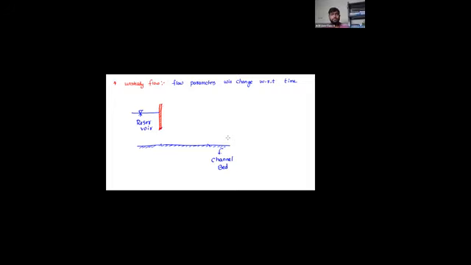What is the meaning of unsteady flow? Unsteady flow means flow parameters change with respect to time. So now let's say initially this is position number 1. Initially the water level is going to be this one.